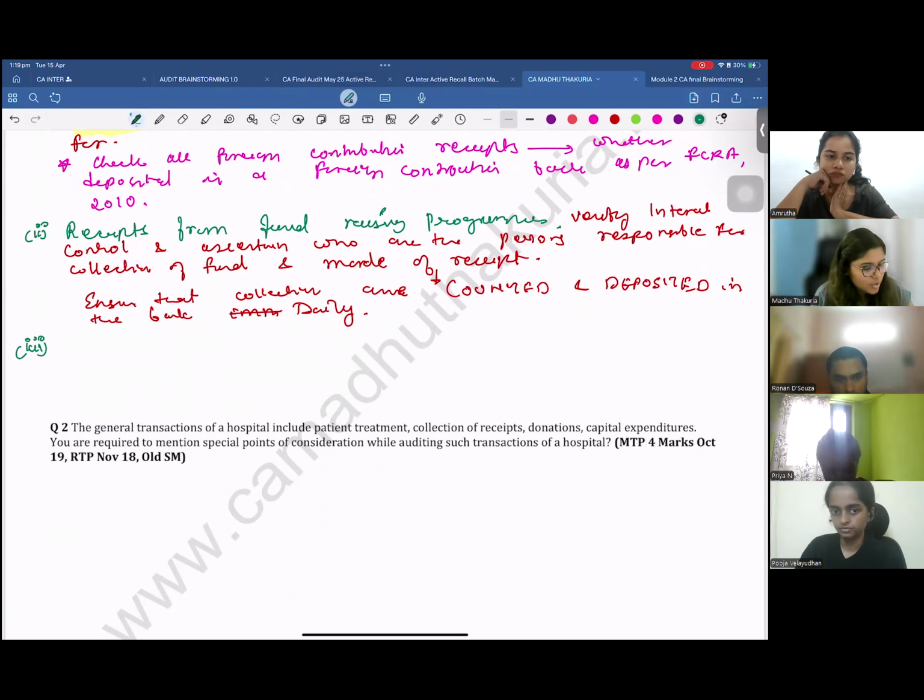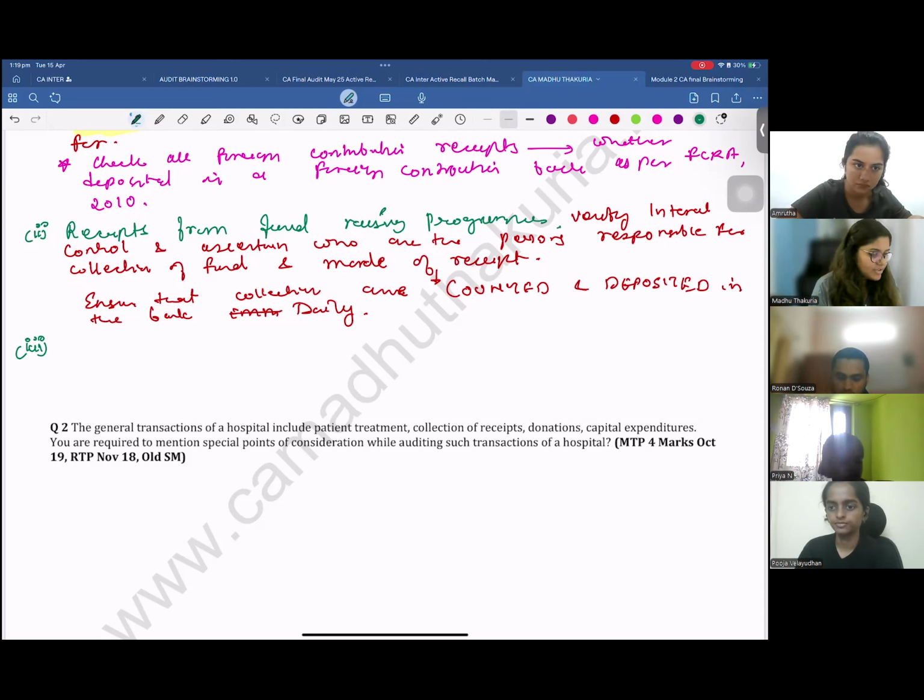Now, NGOs or any NPOs in general also have members, right? So you must be getting the membership fees then.